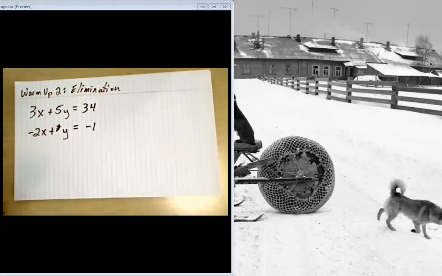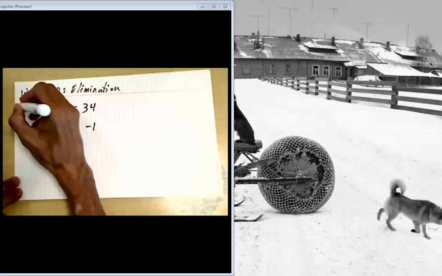We'll call this equation 1 and equation 2.